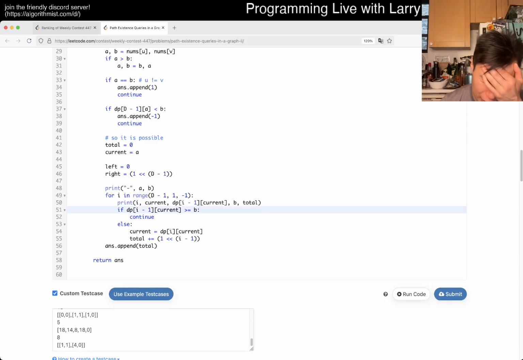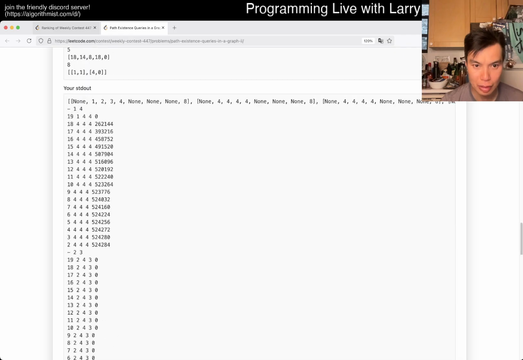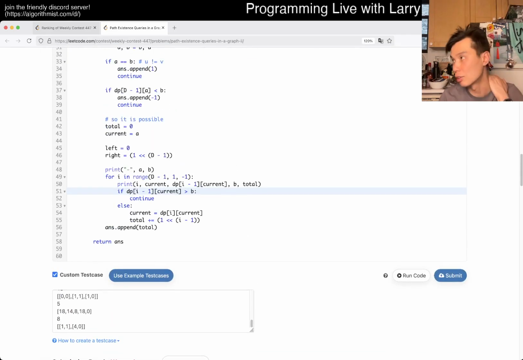Okay, so the idea here is that I think here, because if it's equal to, okay, can I redefine this? If it's equal to, then that means that left is possible, so we just continue.